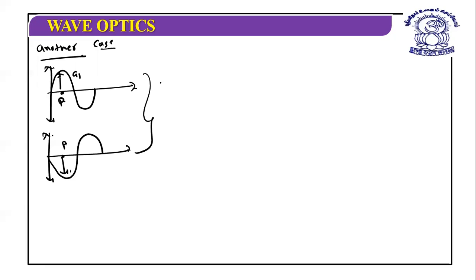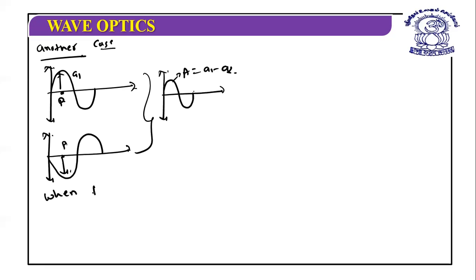The resultant wave will look something like this. It will have amplitude A equal to A1 minus A2. This phenomenon of two or more waves simultaneously arriving at a point, and due to them we get a resultant wave, is called the concept of superposition.